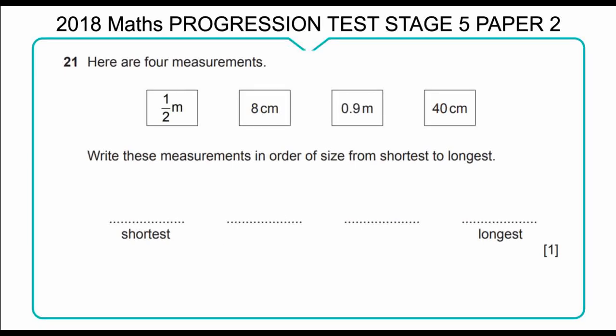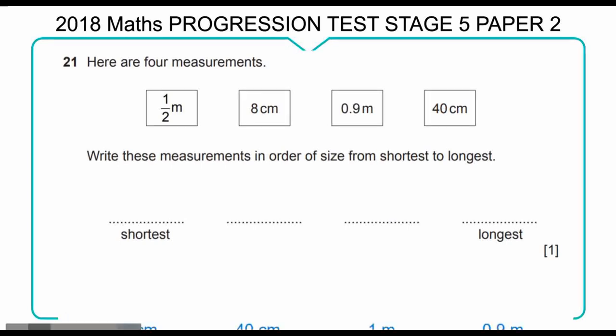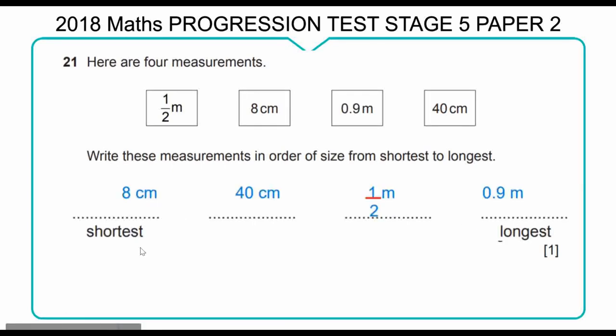Let's reveal the answer. We got 8 cm, 40 cm, half a meter, 0.9 meter. So here's how it works. To compare, we have to make all the units the same. The smallest is cm. To go from meters to cm, we have to times by 100.